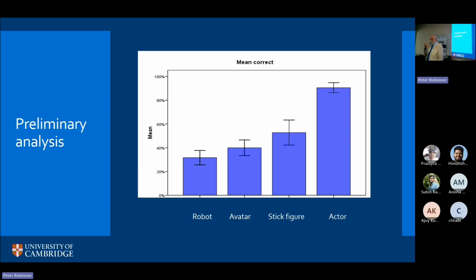So the robot was very expensive, cost about $50,000 and completely useless. It turns out that it cannot express emotions. And that's interesting. We tried to work out why, and actually it was very easy. When we did experiments with people looking at the robot, they said it was creepy.